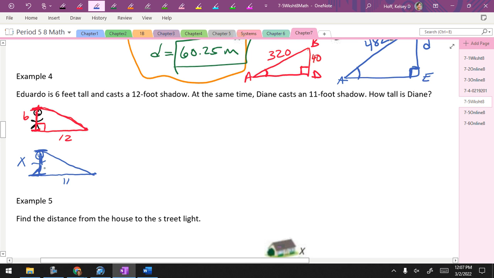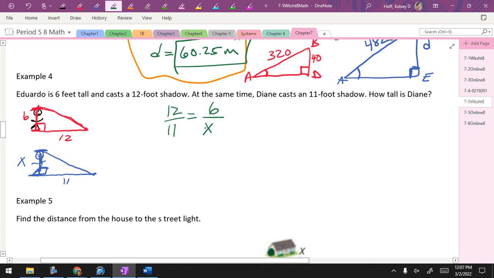We connect them. We have a right triangle. Pick a number from the red one that matches with the number on the blue one. 12 and 11. 12 is to 11 as 6 over x?